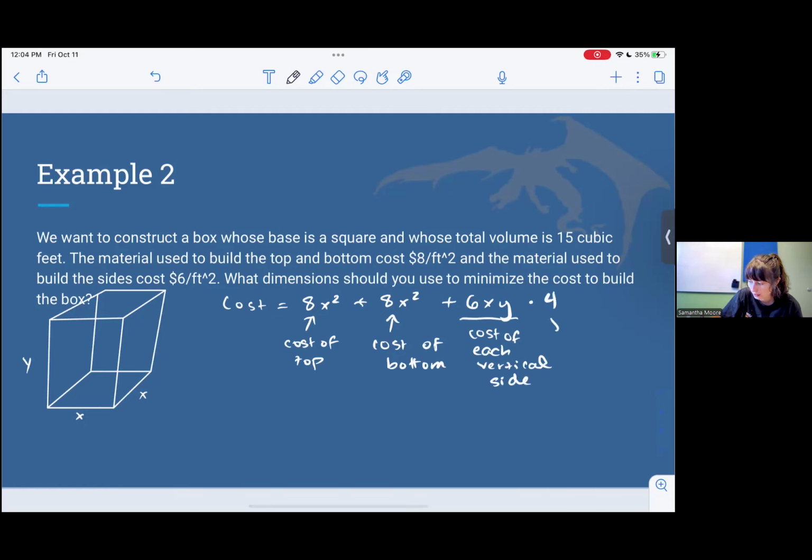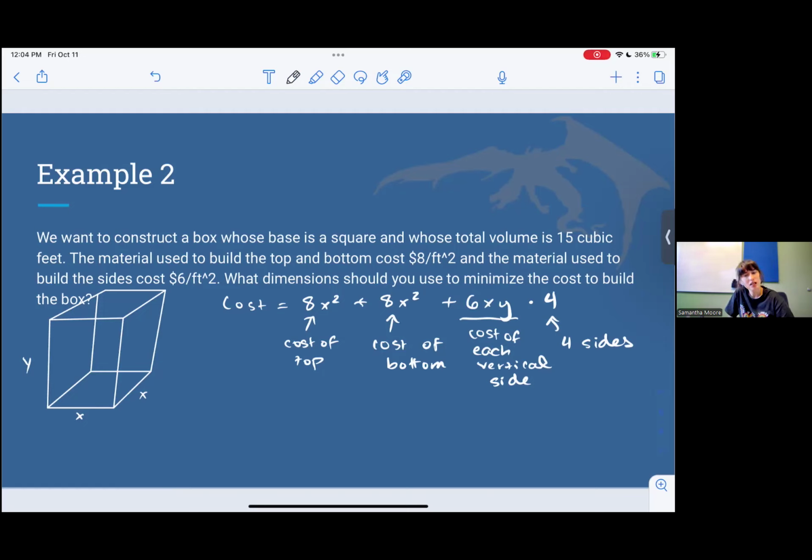There are 4 vertical sides, so my total cost is going to be 8x squared plus 8x squared plus 24xy. Okay, cool. So that is my cost equation. This is the thing that I'm going to try to minimize.